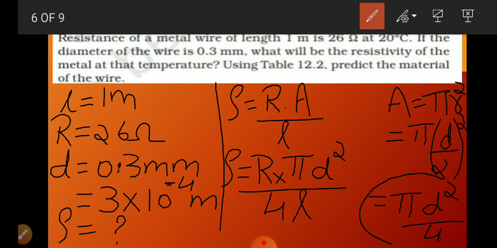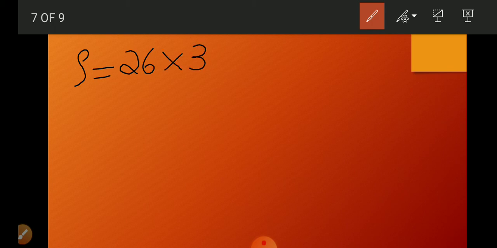I'll move to the next page. So rho is equal to R. The value of R was 26 ohm. So 26 into pi, 3.14. Yes, d square was given.